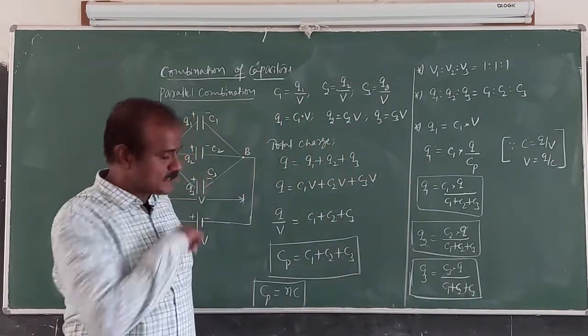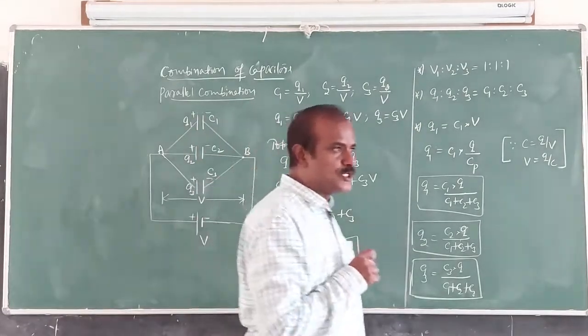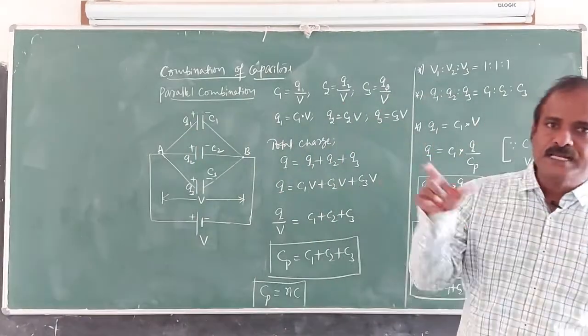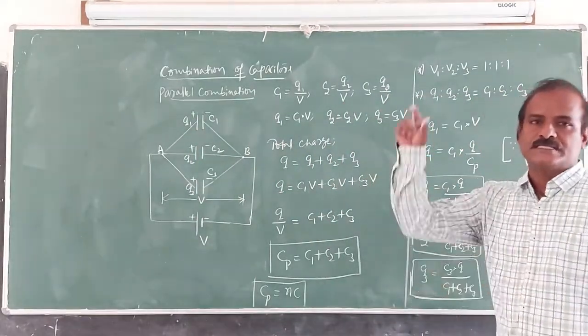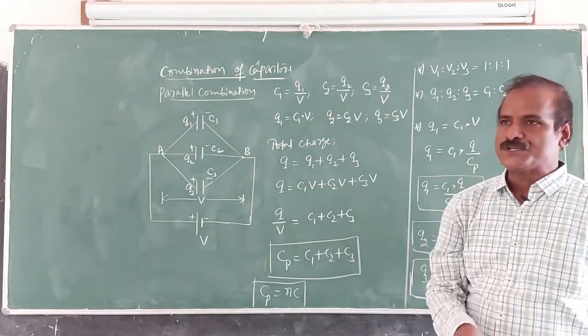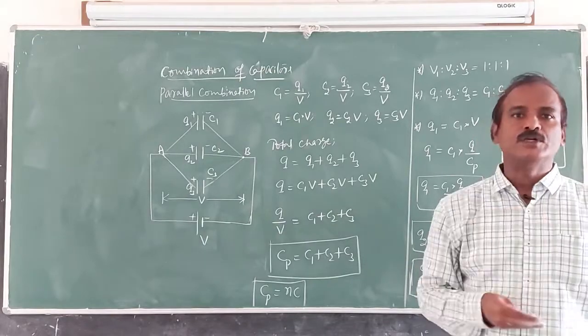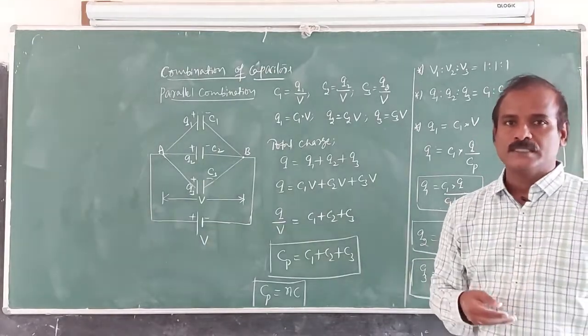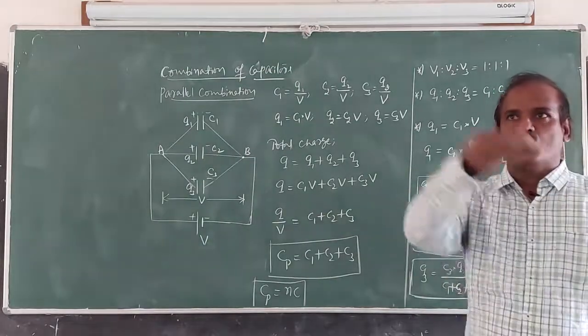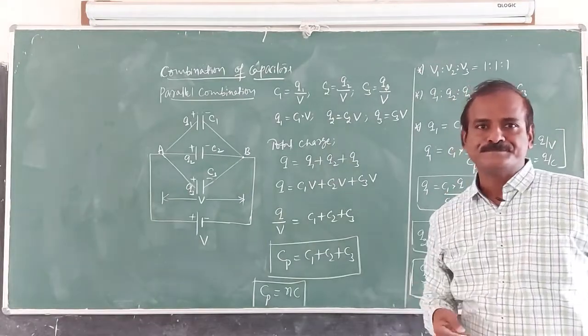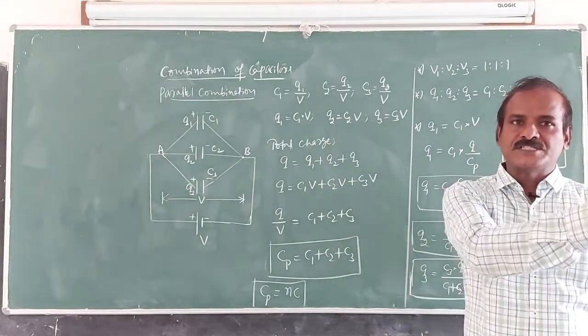Well students, now you are in a position to compare series combination and parallel combination. Series combination and parallel combination, distinguished study also you can make. I hope you can do this also on your own. What is series combination? What is parallel combination? What is common for each capacitor in series combination?